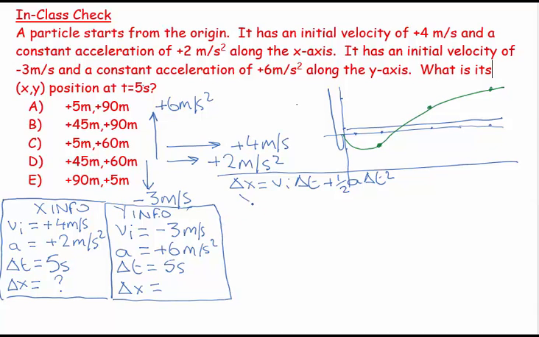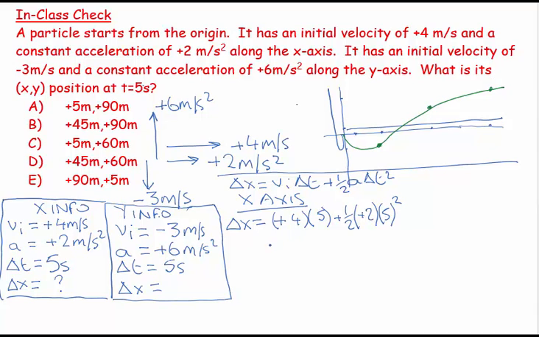So for my x-axis, delta x is equal to vi, which is plus 4, times delta t, which is 5, plus 1/2 times my a, which is plus 2, times 5 squared.